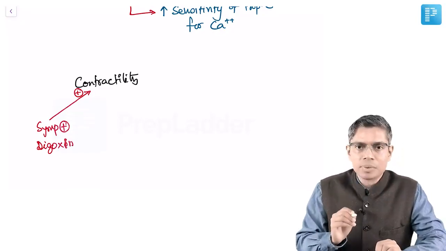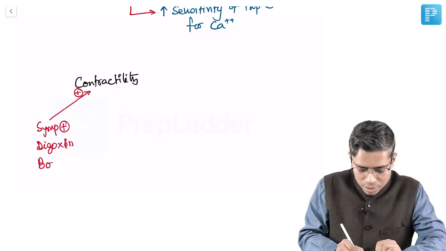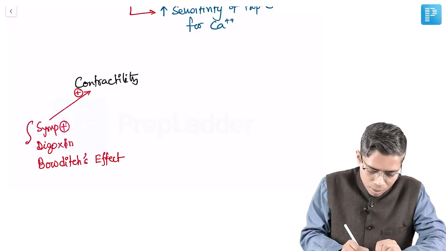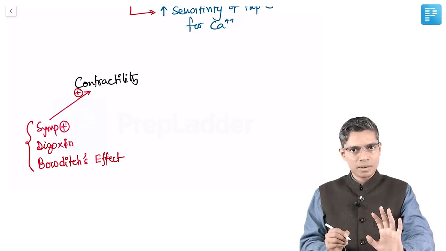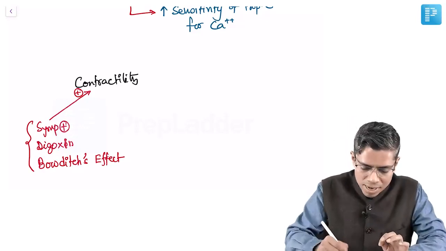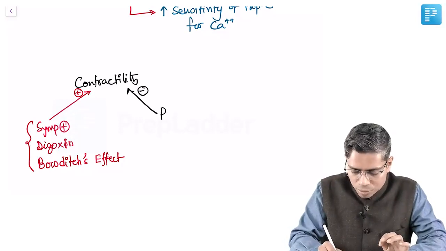And another phenomenon you have to remember especially is known as the Bowditch effect or Bowditch phenomenon. All of this can increase the contractility of the myocardium. What is the Bowditch phenomenon? I am coming there. But before that, contractility will be decreased by, as I already told you, the parasympathetic system.